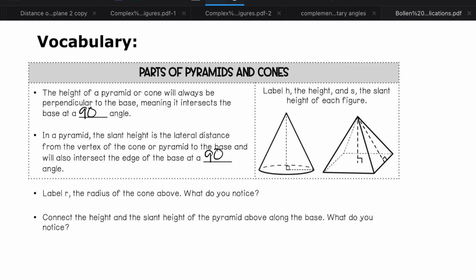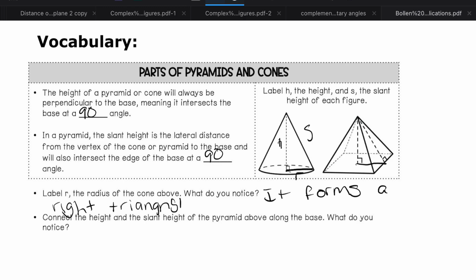So if we start with R here, H here, what do you notice about this? It forms a right triangle. The same thing happens here when you have H and S of your slant here.